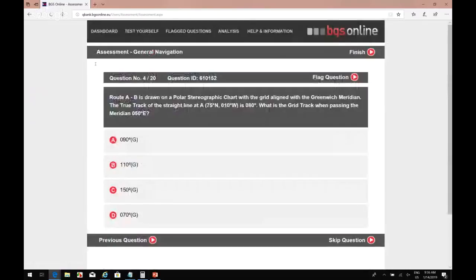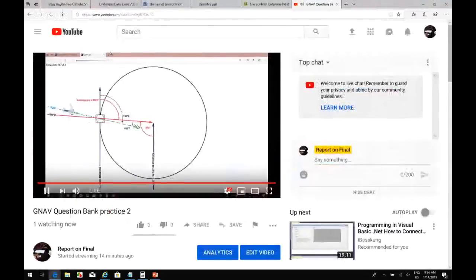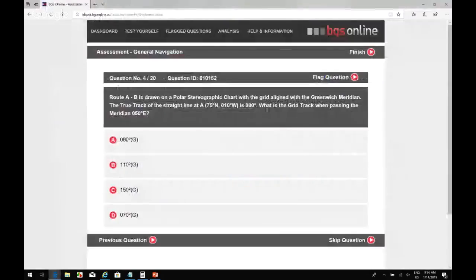Route A to B is drawn on a polar stereographic chart with the grid aligned with the Greenwich meridian. The true track of the straight line at A, 75 north, 10 west, is 80 degrees. Okay, let's do this.